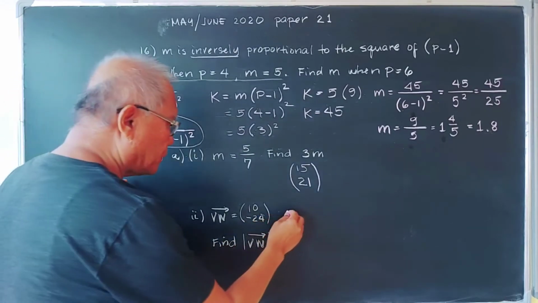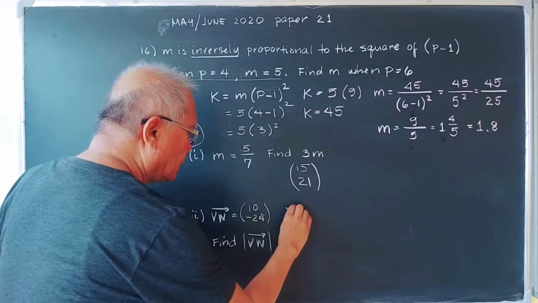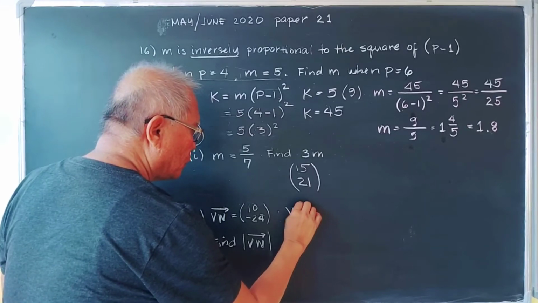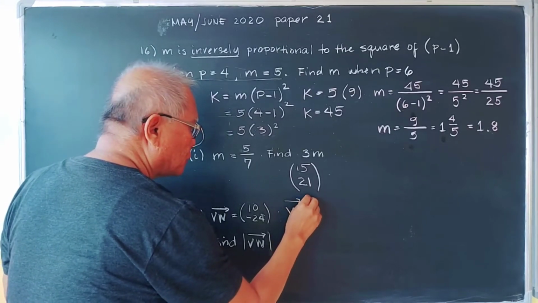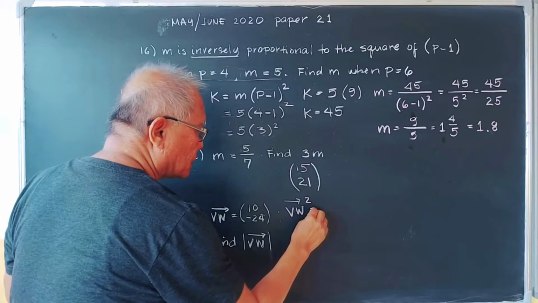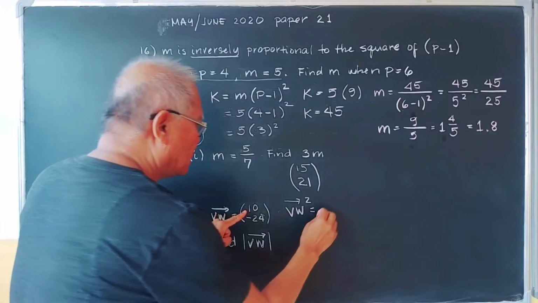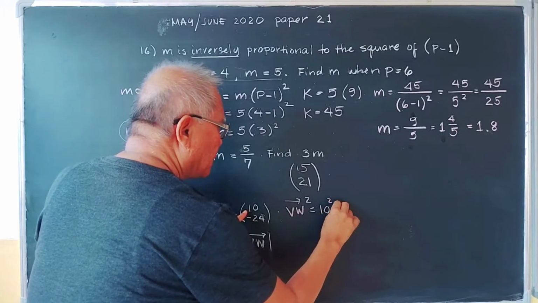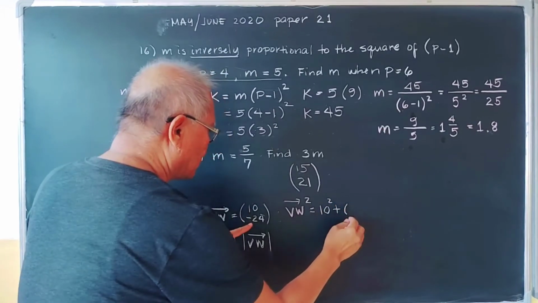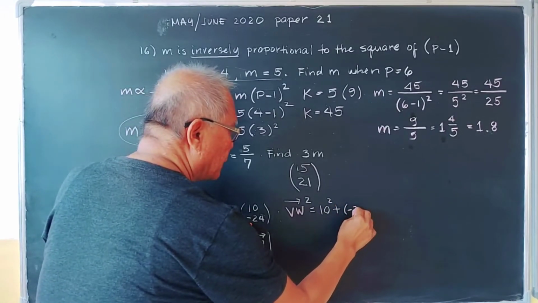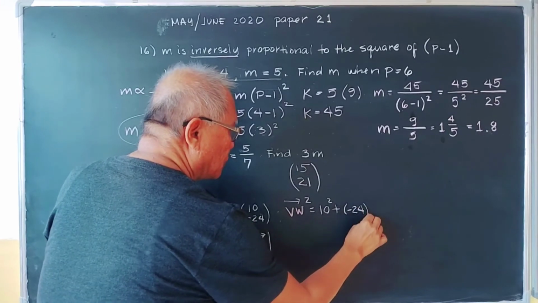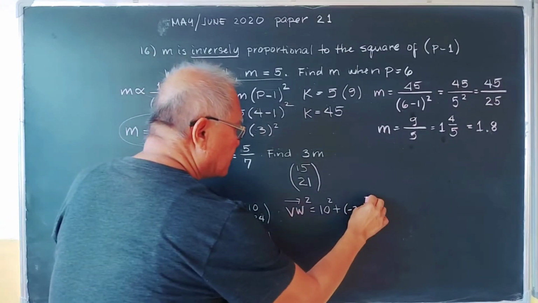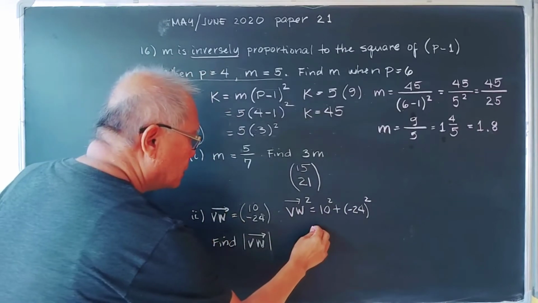So for the Pythagorean theorem, we have VW squared, that is the hypotenuse, equals 10 squared plus, if you want, you put that negative 24. Anyway, it will become positive because we are going to square it.